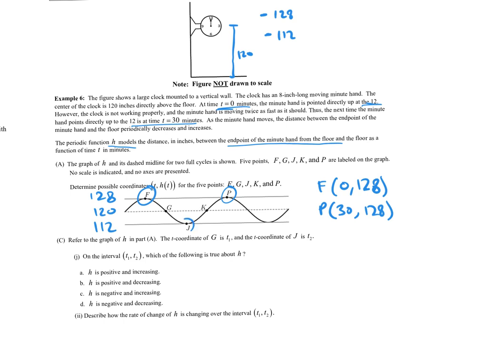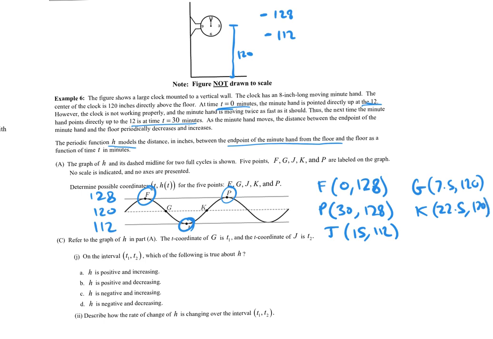J is halfway between, so that would be a time of 15, and it's at the bottom halfway between, so that'd be 112. G is halfway between 0 and 15, so that would be 7.5, comma 120, and K, another 7.5 seconds after 15, so 22.5, comma 120.